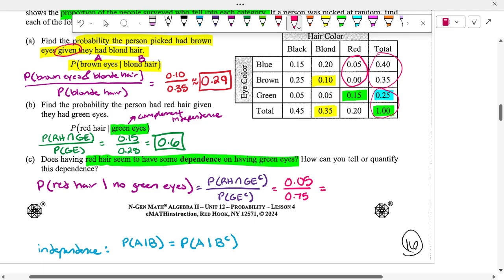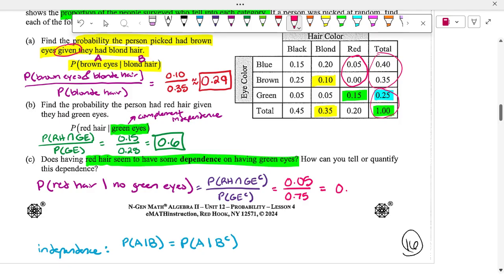So if you put that in your calculator, what is that approximately? I want a decimal.